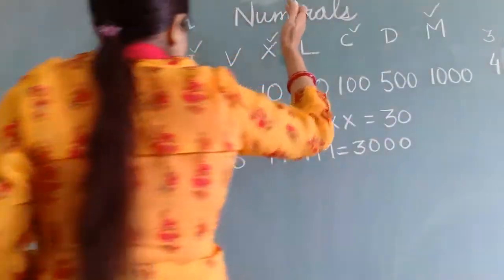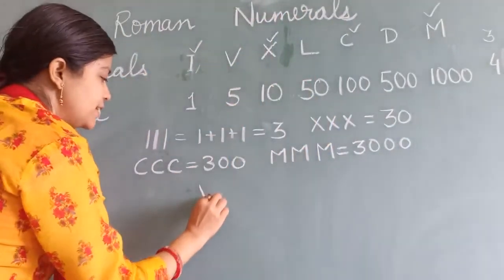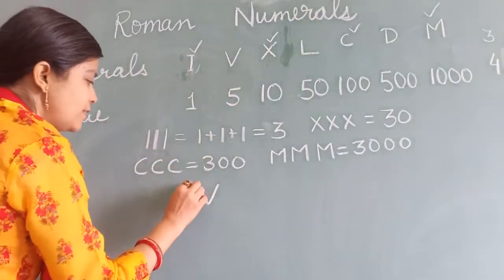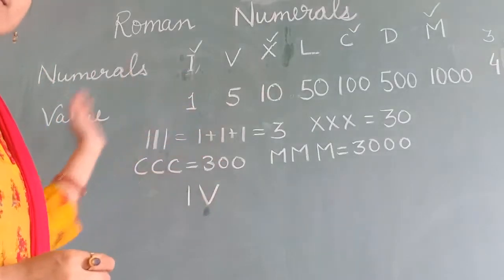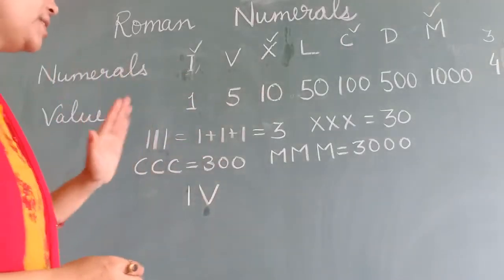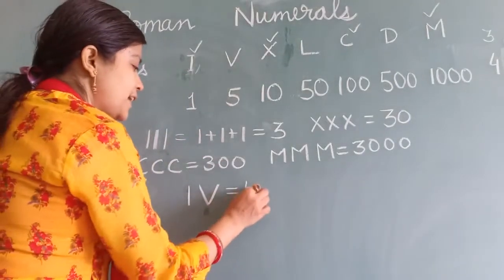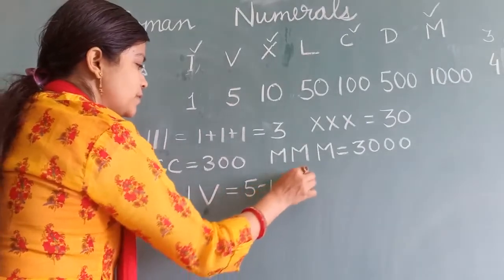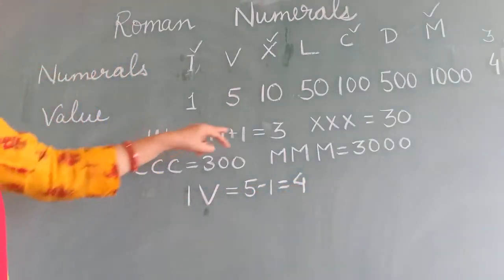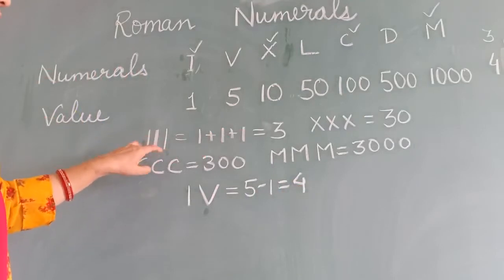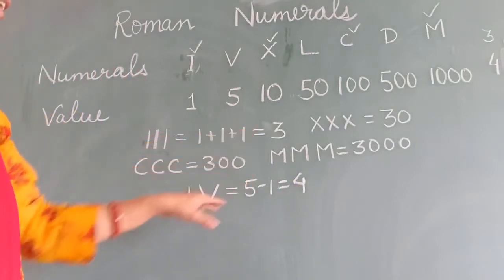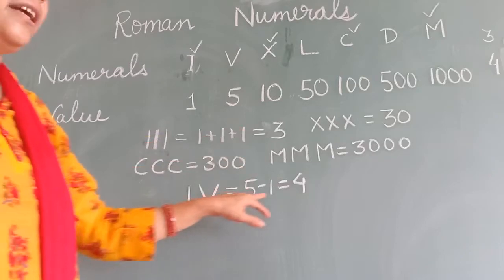So you see an example. When we are writing this I on the left hand side of the 5, as I said, left hand side means we are going to subtract it. It will be 5 minus 1, that is 4. So you can see 1 I have written by writing 1 I, 2 by writing 2 I, 3 by the 3 I, and then 4 we are writing like this.